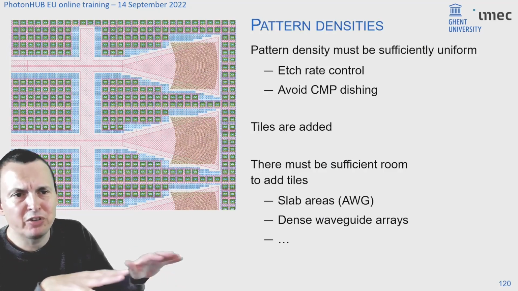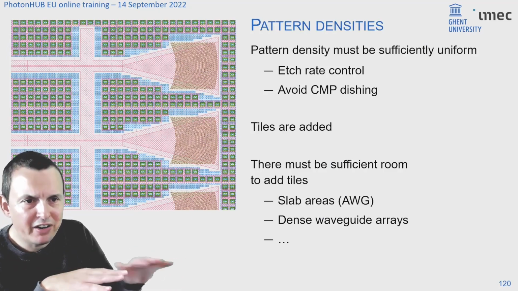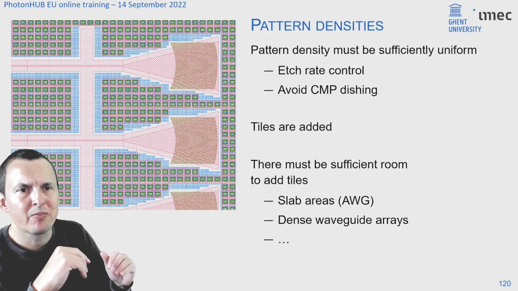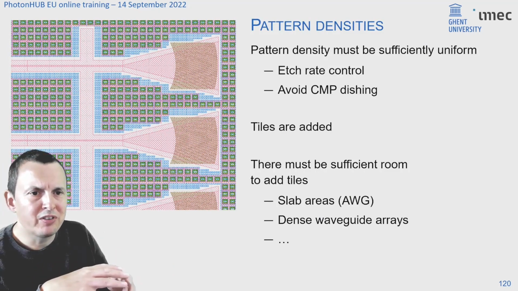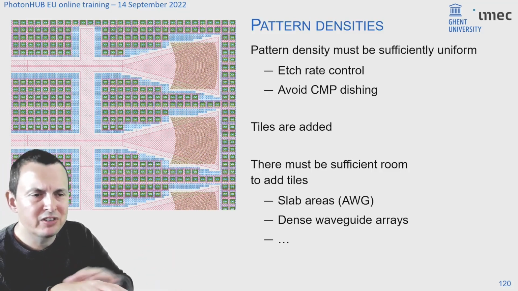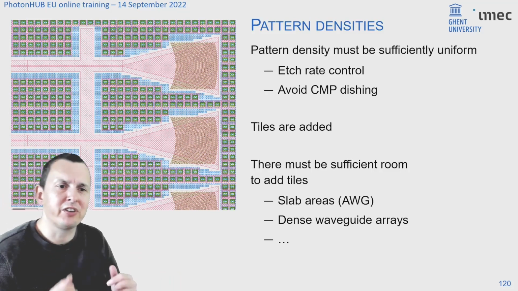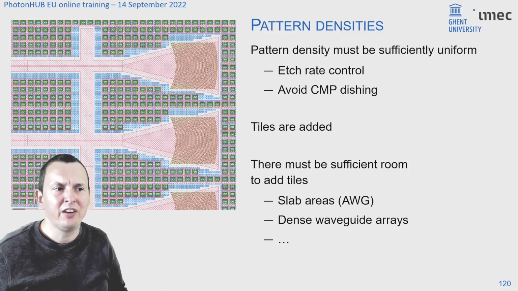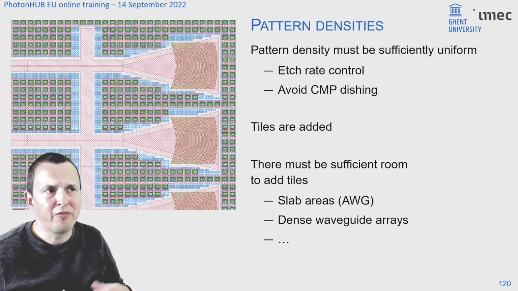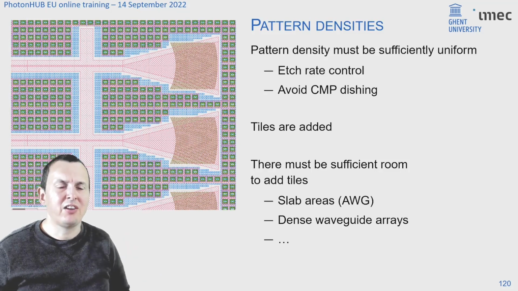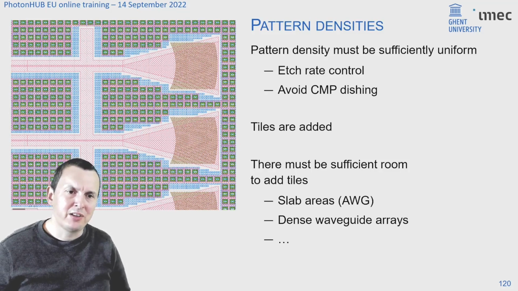In most semiconductor processes, every layer tries to maintain a certain uniform pattern density, because that determines what the etch chemistry is going to look like on a wafer scale, or what the polishing rate is for your chemical mechanical polishing. So that means that if you make a photonic design, you need, at some final step, some additional tiling added in the areas which you're not using, that controls the pattern density.